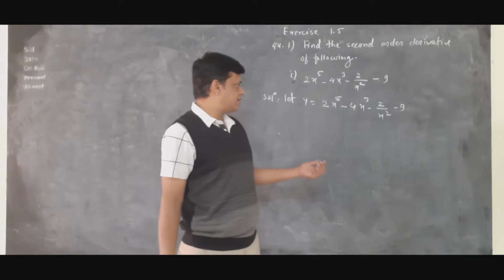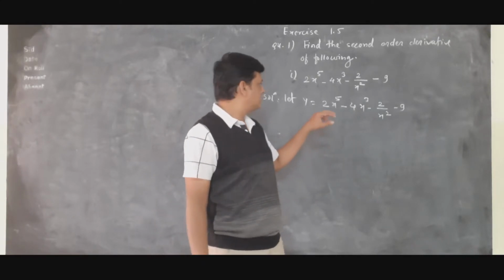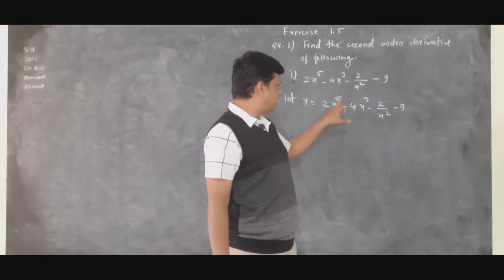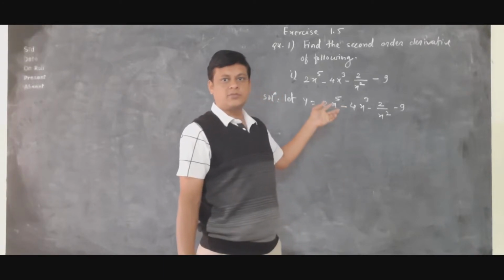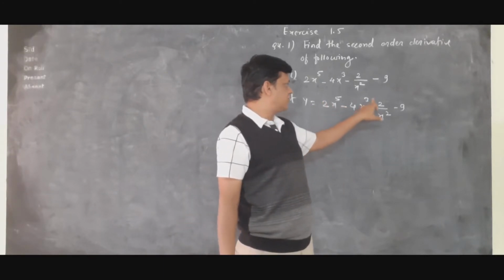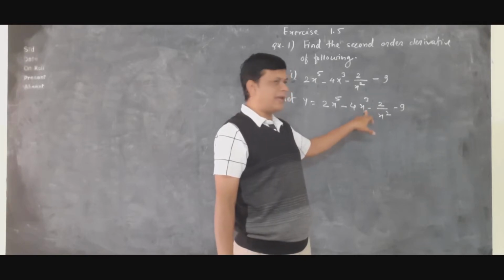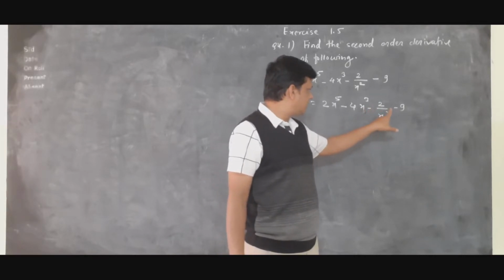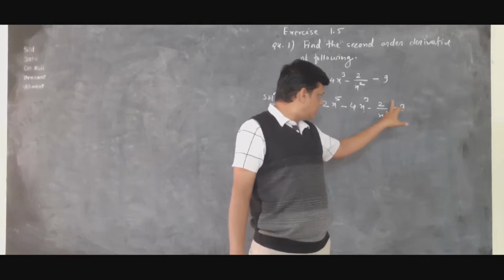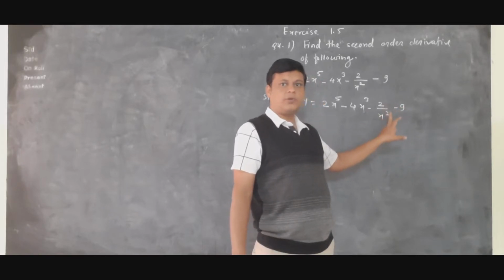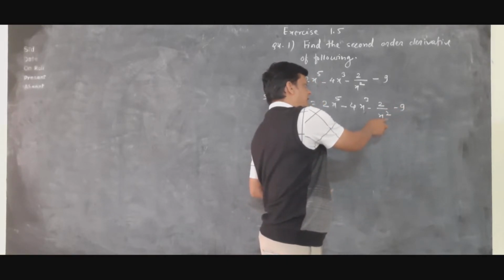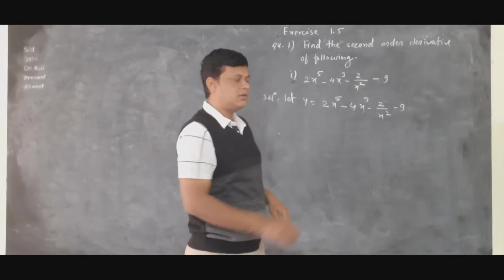Before differentiating, first we observe the terms. We can apply the derivative of x raised to the power n for x raised to the power 5, and also for x raised to the power 3. Here we have 2 upon x square, which means we have to write this power in the numerator.